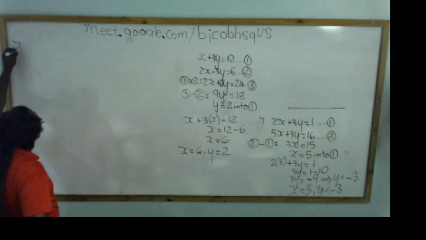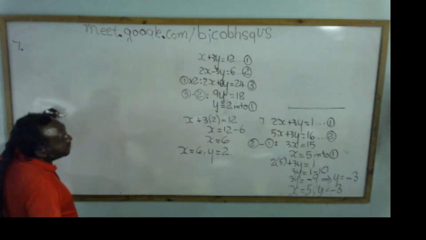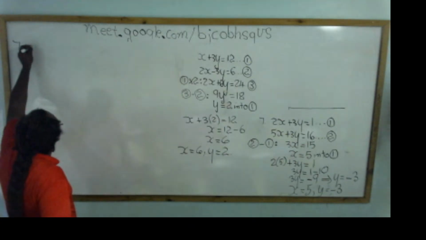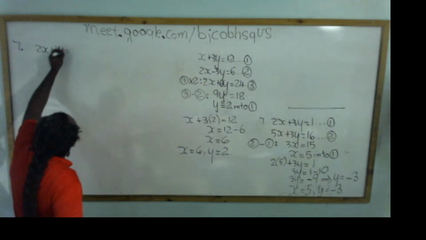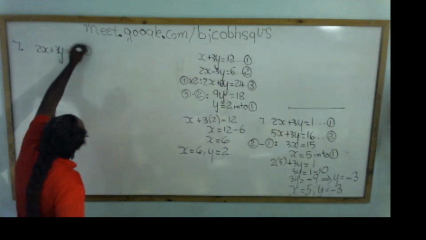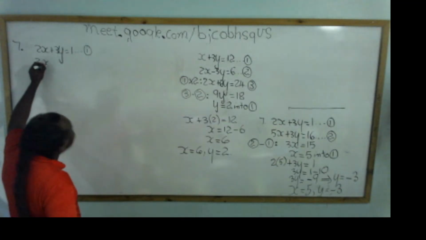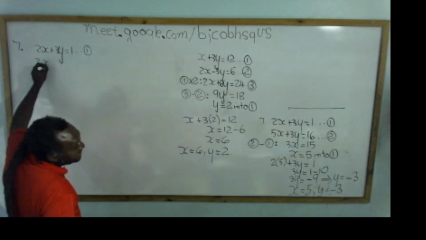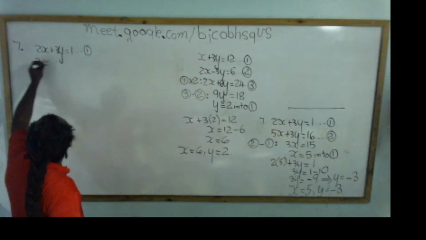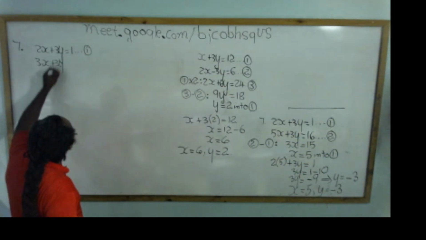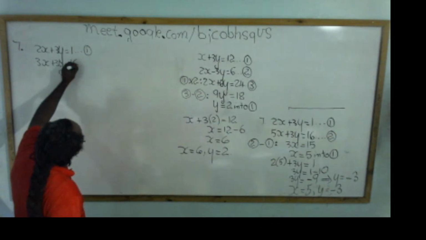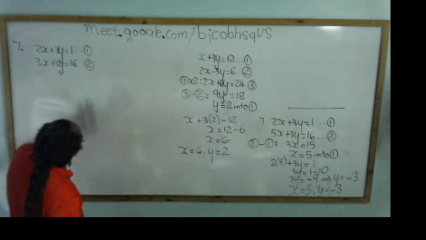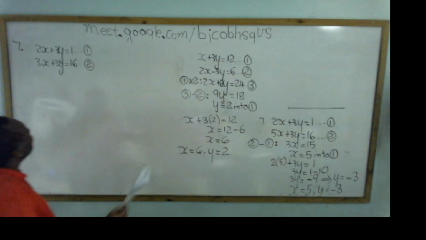Another take on number 7. 2x plus 3y is equal to 1, and that is equation 1. 5x plus 3y is equal to 16. We're going to eliminate the x's on this occasion.